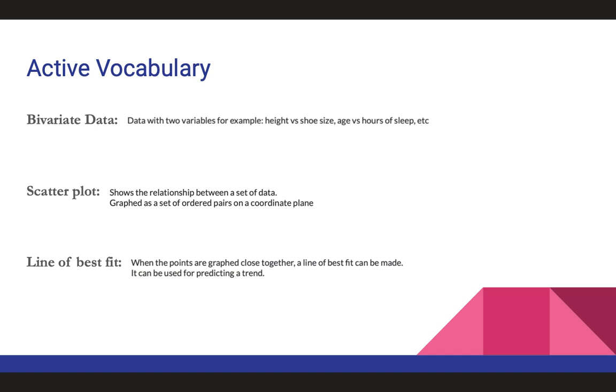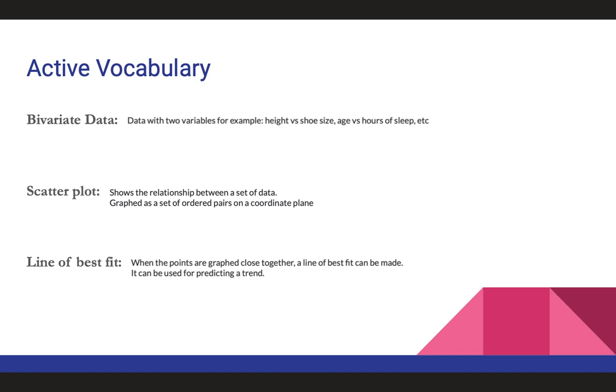A scatter plot shows the relationship between a set of data, and there are 3 types that we'll go over later in this video. They are graphed as a set of ordered pairs on a coordinate plane. Most of the time, these are not going to be in a straight line. They are going to be in a line-like pattern, but as the name alludes to, some of them will be scattered.